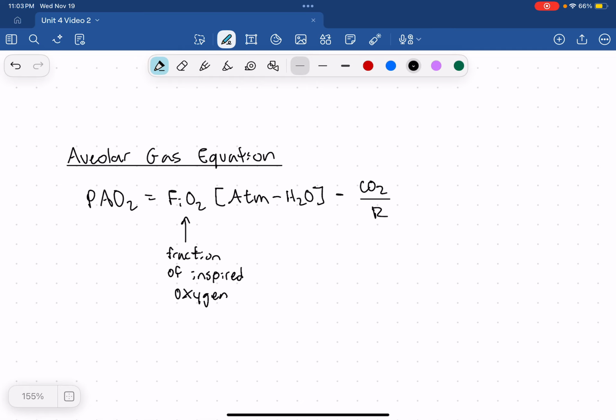This here, ATM, this is always our atmospheric pressure. Water has a pressure as well, so this is going to be our pressure of water. Here, this is our pressure of CO2.